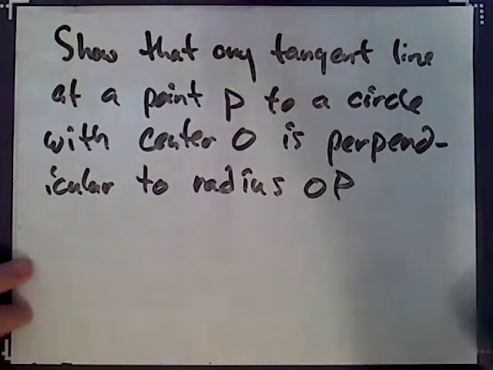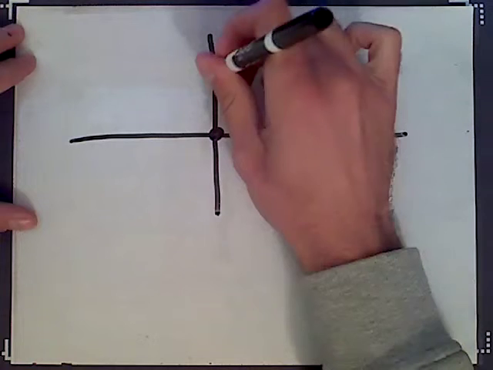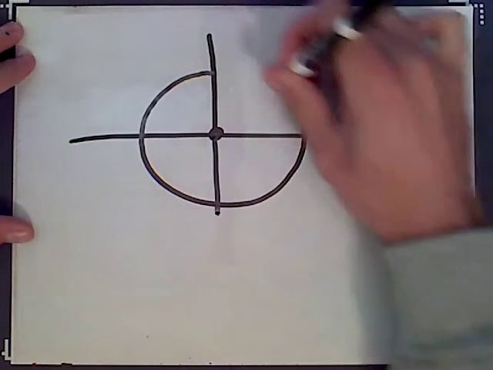Let me erase this problem here and give us a picture of what's happening. Let's take O to be the origin. This shouldn't matter exactly where the center is.